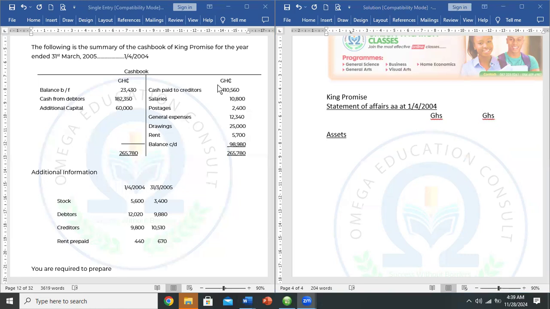Prophet Chia, what assets do you see on 1st April 2004? Stock. Thank you very much. Stock is one of them, and that is 5,600.